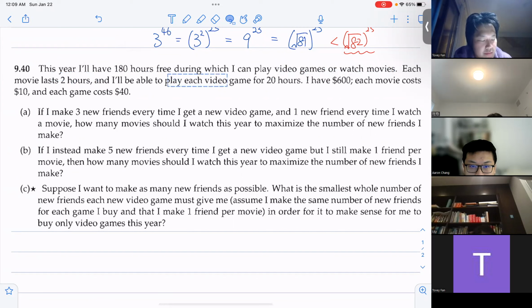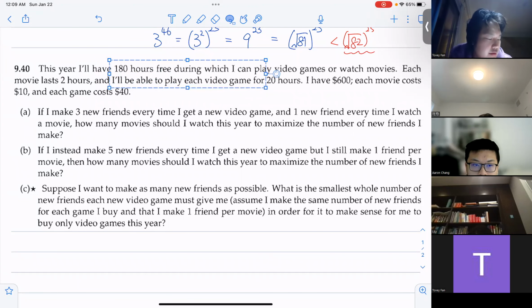If I play a game, I can play it for 20 hours. In other words, if you spend all the time playing games, you can play 9 different games, or if you spend all the time watching movies, you can watch 90 movies. Rika, did that make sense?